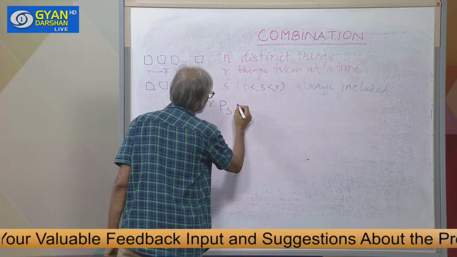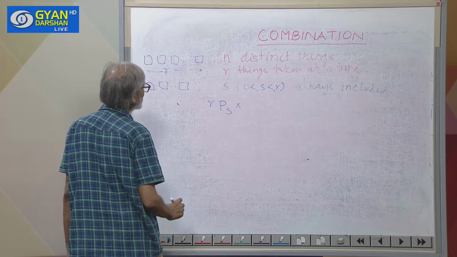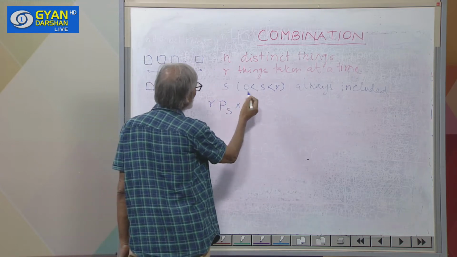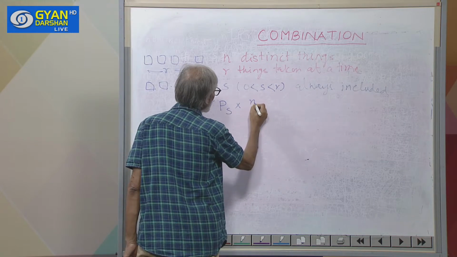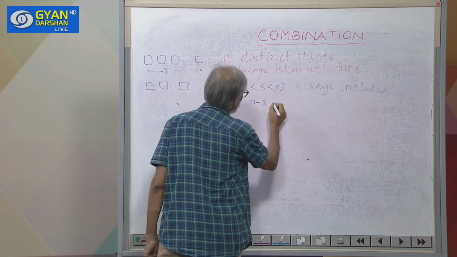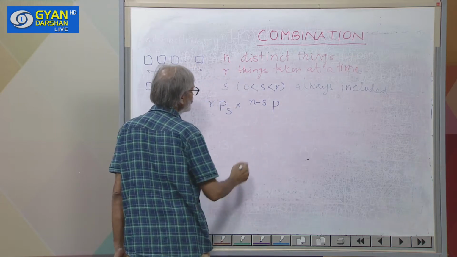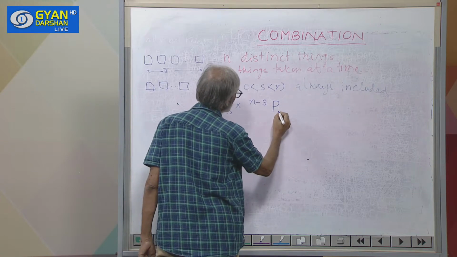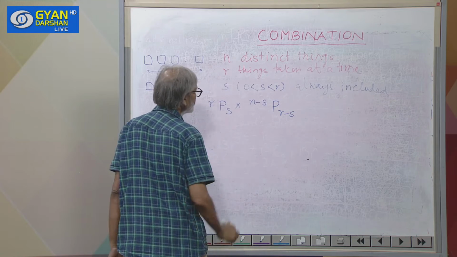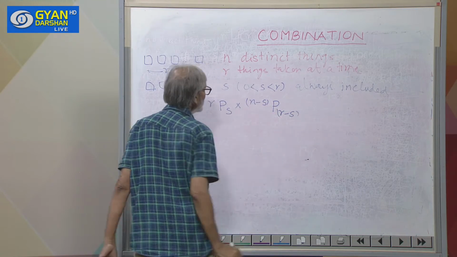Now, for the remaining positions, out of n minus s things remaining, you have to choose r minus s things. So, this will be the formula.